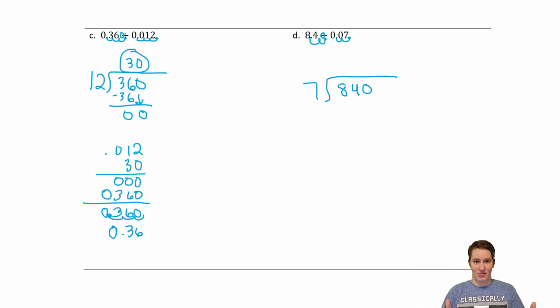And if you're working these out, I don't know how much stress I can put into this. If you're working these out and you're checking your answers and you have the right numbers, but your decimal's in the wrong spot, or you have too many zeros or not enough zeros, then your issue isn't the act of dividing, right? Where we use multiplication tables to figure out how many times does it go in and that sort of thing. Your issue is with, what do I do with the decimal?